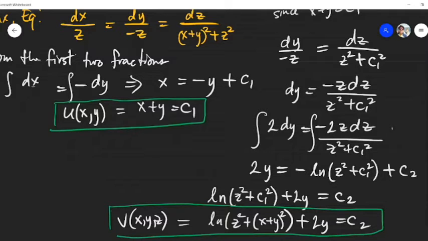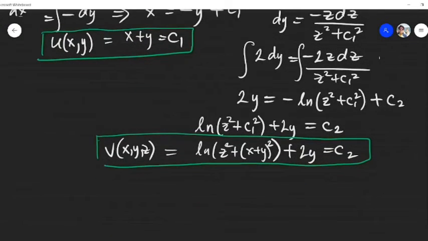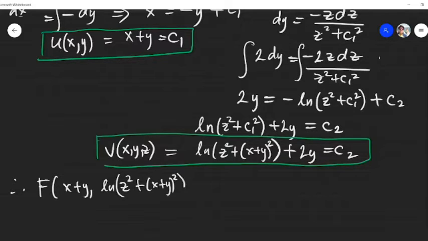Okay, so let's have our conclusion. So therefore, f of x plus y and ln of z squared plus the quantity x plus y, plus 2y, okay?